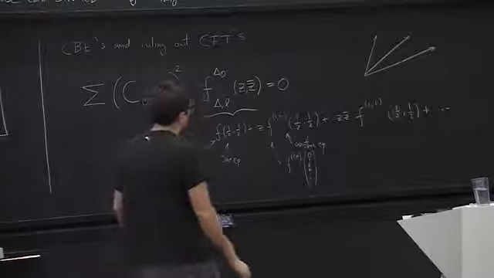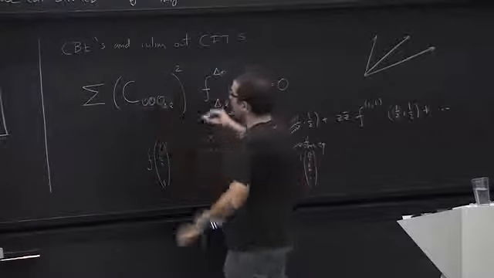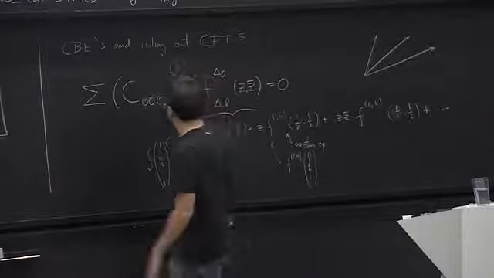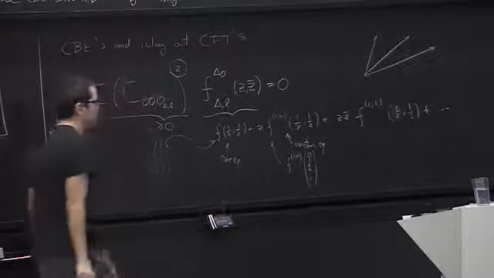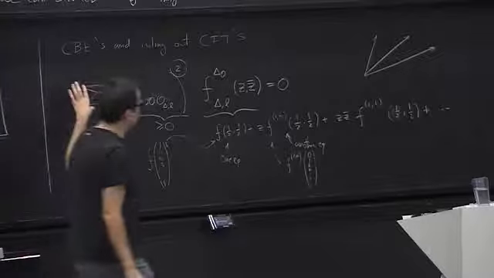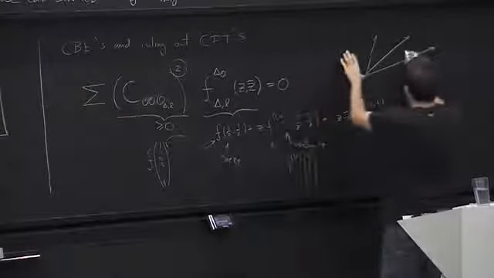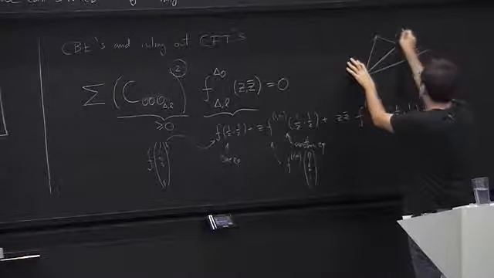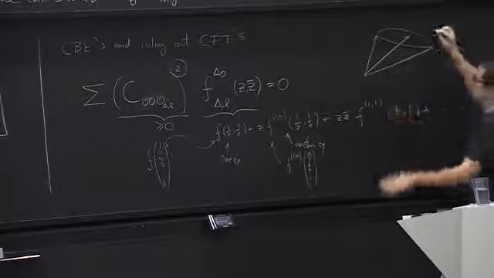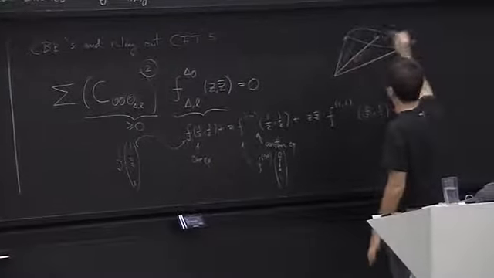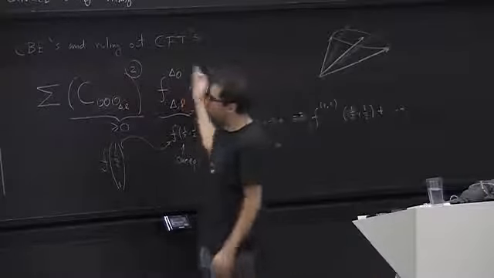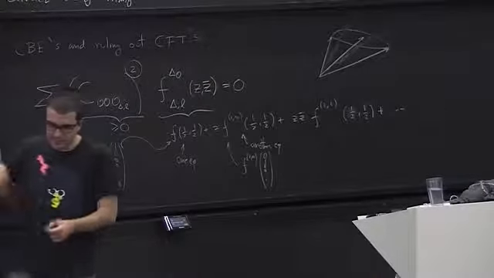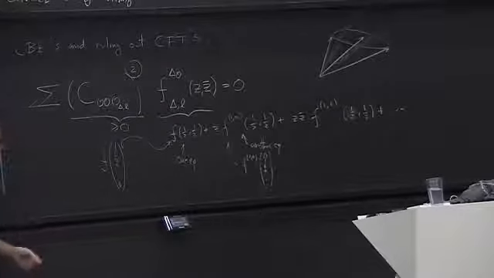Well, you are summing them with positive coefficient because of this square here. So this guy here is bigger or equal than 0. So what happens is that these equations, they define some cone. You sum some vectors with some positive coefficients. So they define some cone. And then you want to ask whether it is possible or not, whether the sum of vectors with positive coefficients can add up to 0.